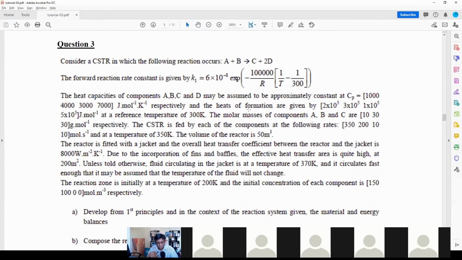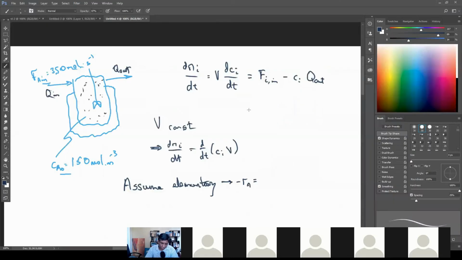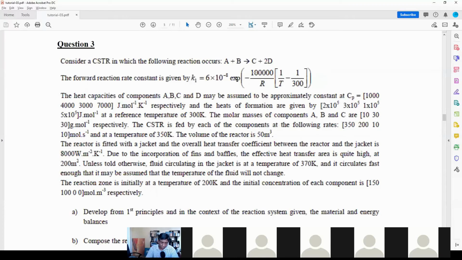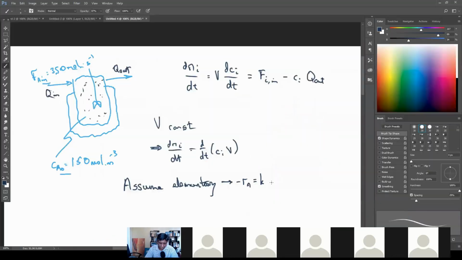Just in this case where we aren't told anything, there's no way to solve this problem without a rate expression, we will make this assumption. But otherwise, you can't assume anything is elementary. But anyway, we are saying here minus RA is K, and then if you look at it, it's going to be K CA CB.